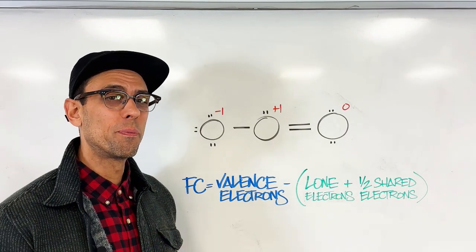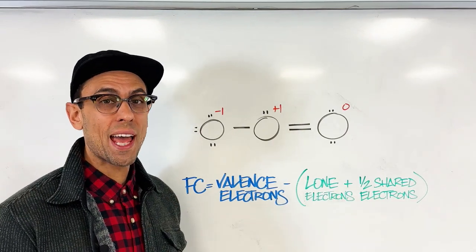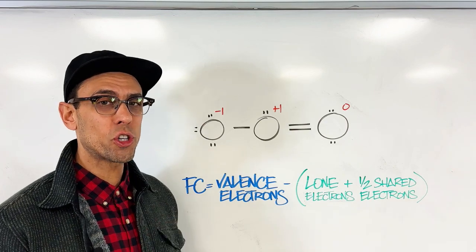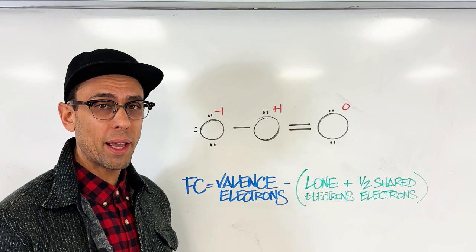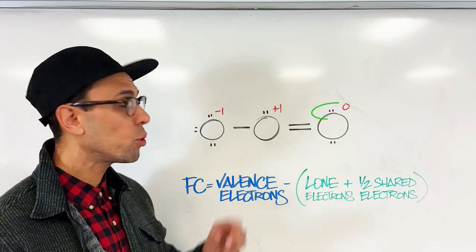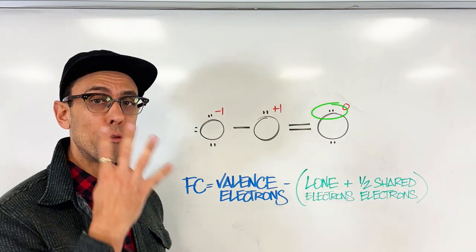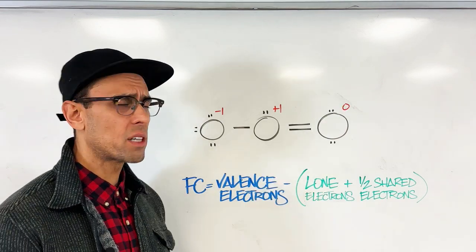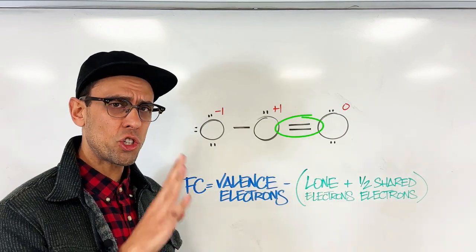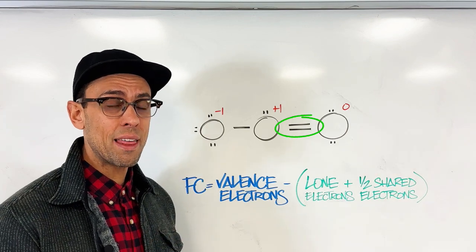All right, here they are. How did you do? All 3 of these oxygen atoms should have a unique formal charge. Let's take a look at why. Starting with the oxygen to the right, we know that it has 2 lone pairs. In other words, 4 electrons that it's not sharing. Now it also has a double bond, which means it's sharing 4 electrons in that double bond.